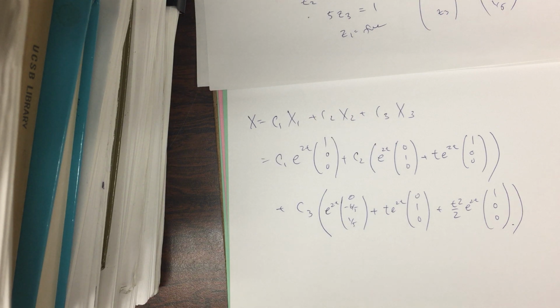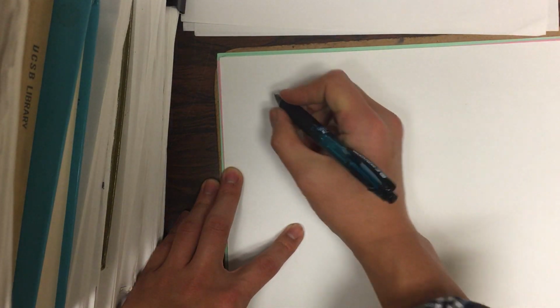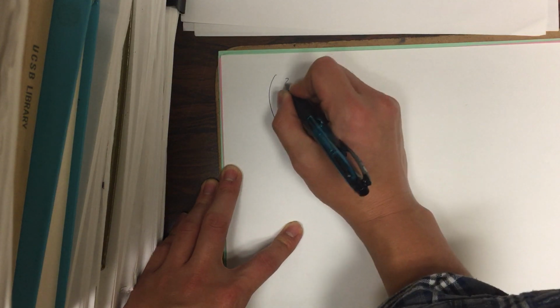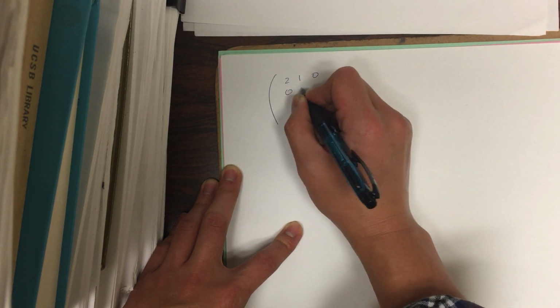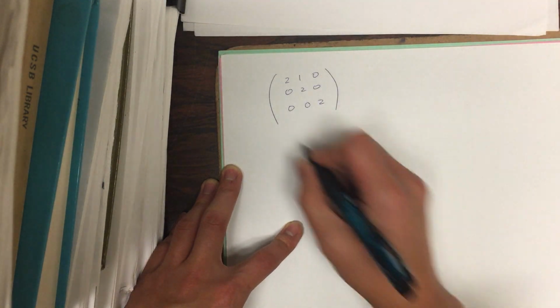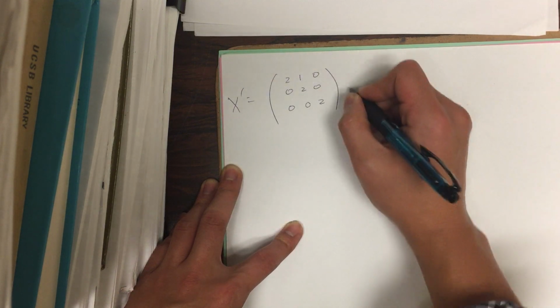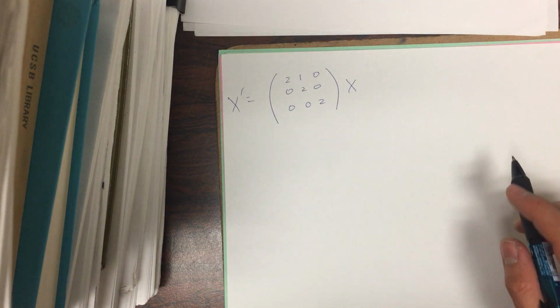Okay. So now, an interesting variant is what to do if your system is x' equals the matrix (2, 1, 0; 0, 2, 0; 0, 0, 2) times x. Well, there's two ways to think about it.